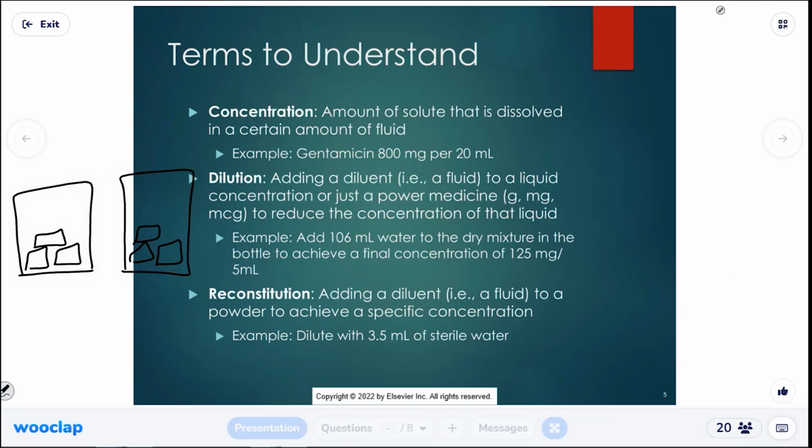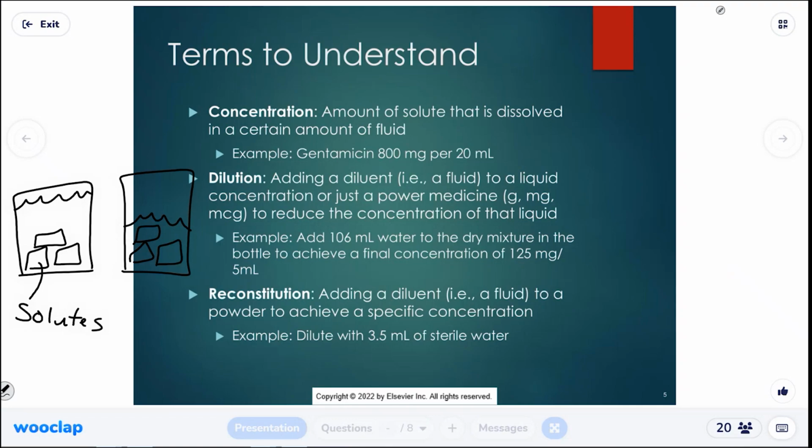But they each have 3. These solid particles are known as the solutes, okay? For those that haven't been in A&P, concentration is a comparison of the number of solutes to the amount of liquid. So if I have this beaker filled up to the brim with liquid and this one only has a little bit, which one is more concentrated?